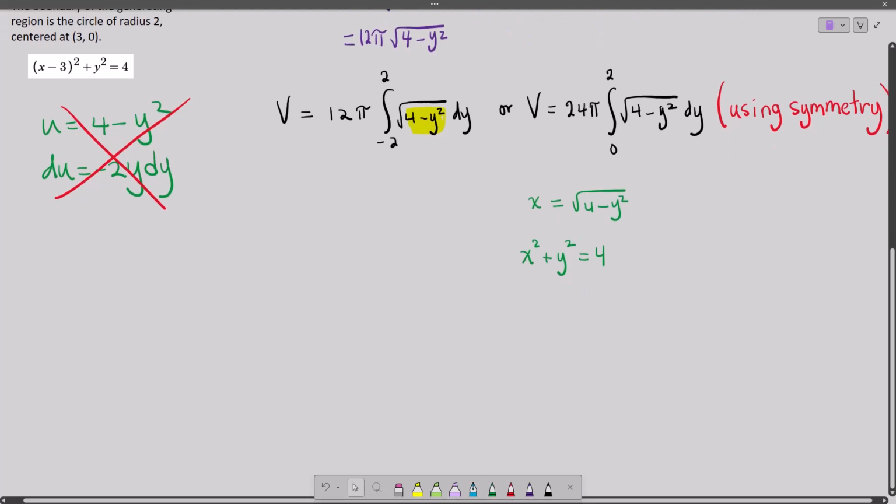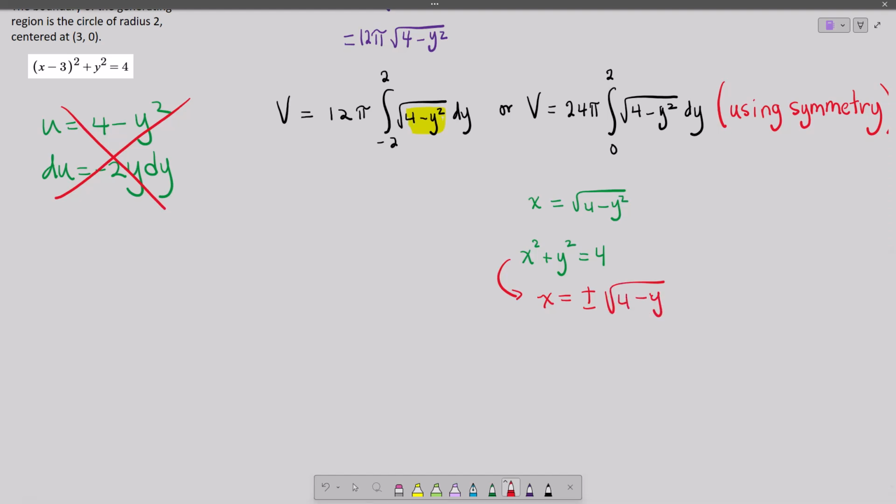Like right here, if somebody said, hey, isolate x, you would end up with plus or minus the square root of 4 minus y squared, right? Whenever you take the square root of both sides, you get a plus or minus. So x equals positive is going to be the right half.